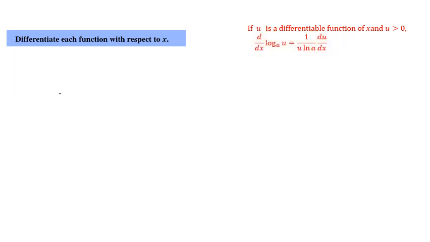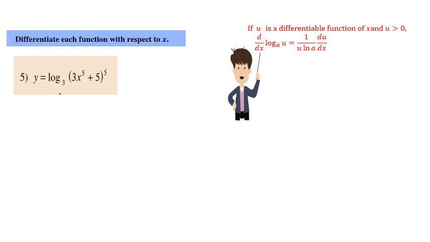Differentiate the function with respect to x, and we have the rule to the right of the differentiation. The function is y is equal to log base 3 of (3x to the power 5 plus 5) all to the power 5. I can use the properties of logarithm by moving this 5 outside the log, so I can write it as 5 log base 3 of 3x to the power 5 plus 5.